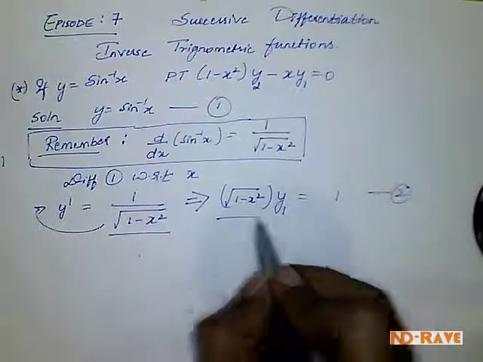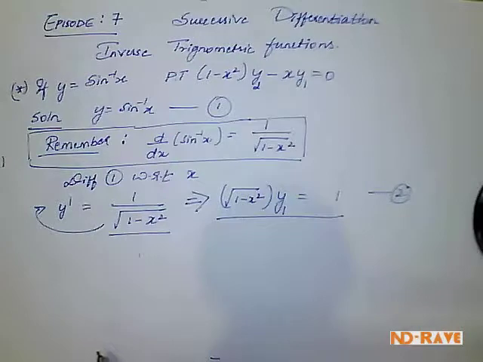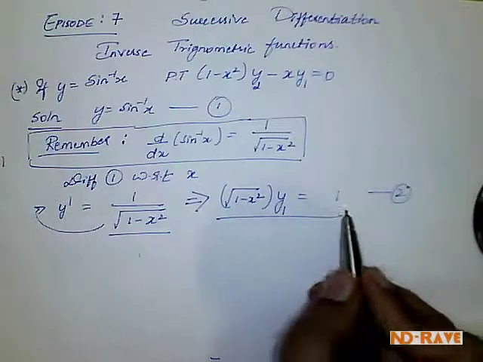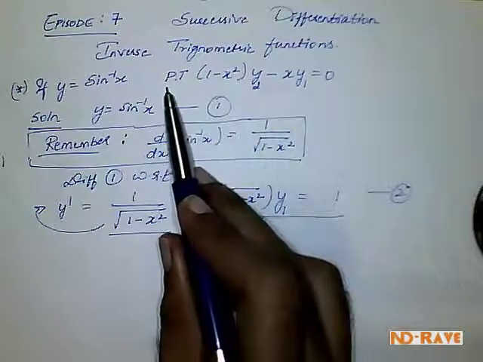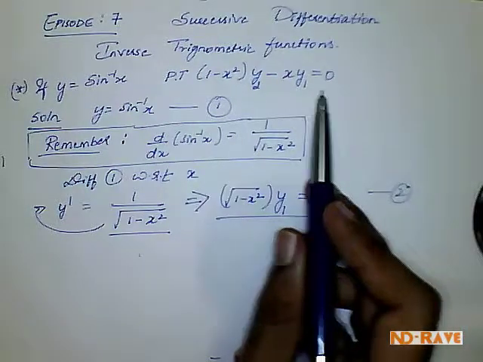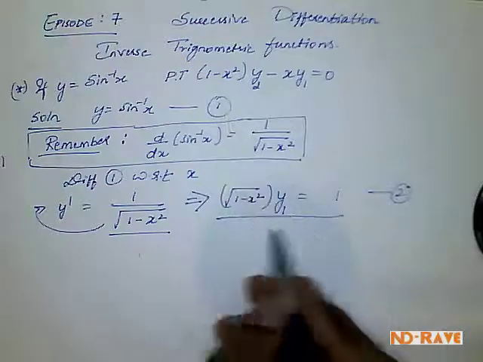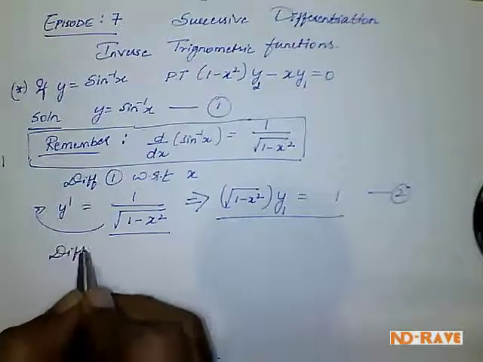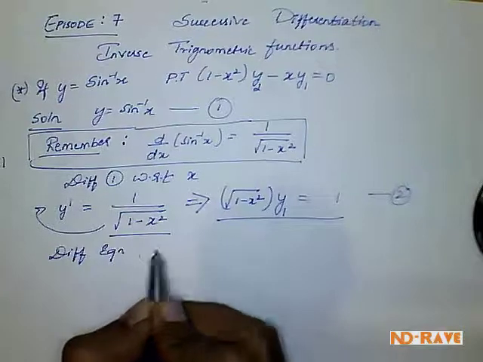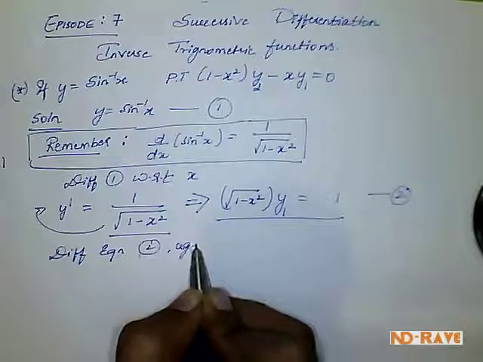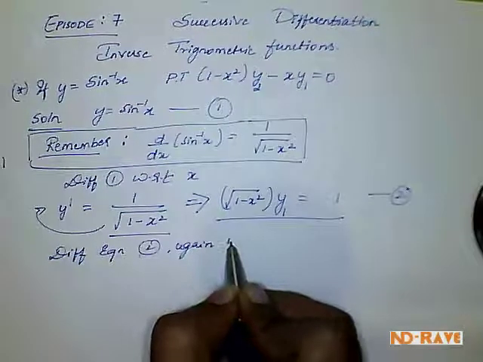So this particular function now follows with the second differential equation, where we differentiate equation 2 in order to obtain the given proving function. So this is the result that we have to show here. So differentiate equation 2 again with respect to x.